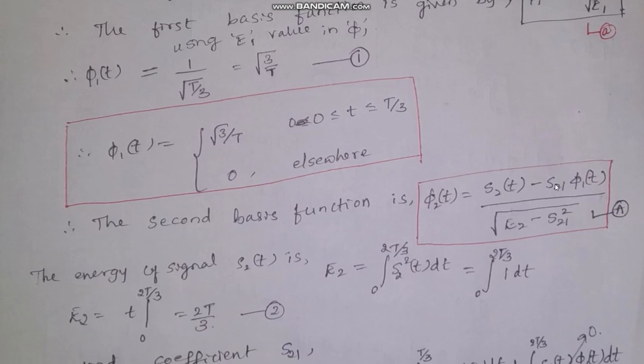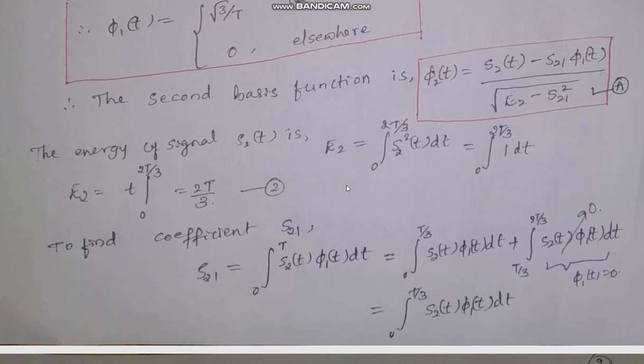Unknown is S21. Phi 1 of t we have calculated over here, correct? E2 we can calculate, the energy of S2, and if we substitute all these values, we'll get the second orthonormal basis function.